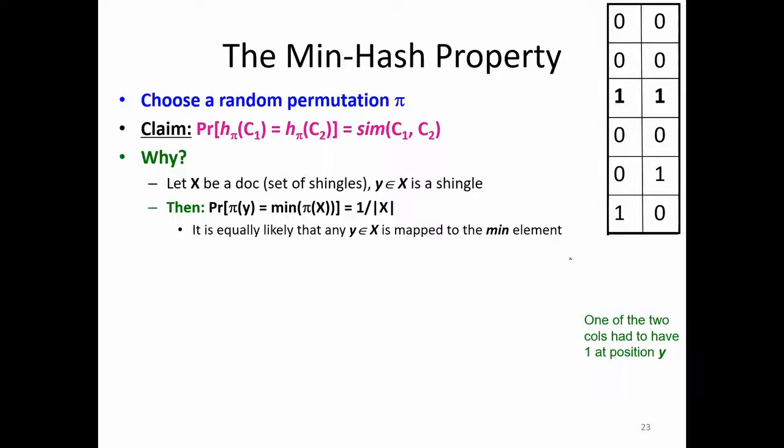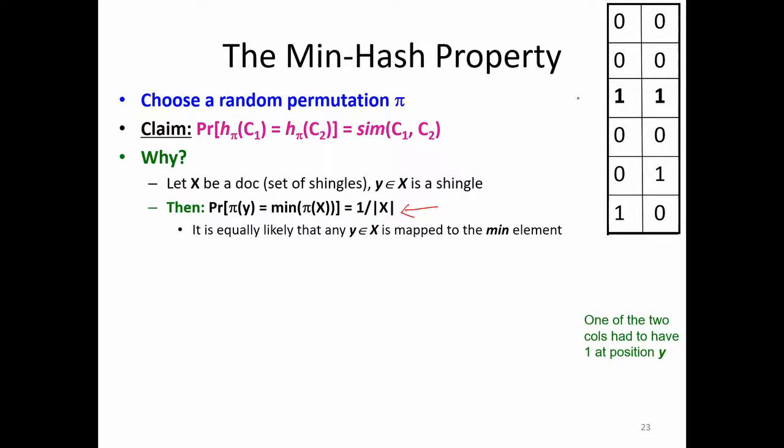What is the chance that pi of Y, the permuted position of the shingle Y present in the document X, will land up as the minimum element in X? My claim is that this is just 1 by the number of shingles in X.